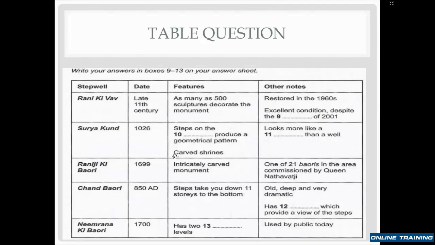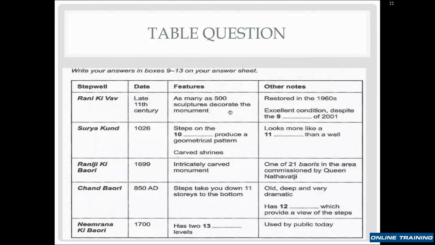This is what a table question looks like. This is a table question. Like I said, it's basically a fill the blank question. The words on the left can be very helpful in terms of finding the right sentence. Like you have to find a sentence that has Ronnie Kivav. Sorry if I'm mispronouncing that. I don't mean to or intend to, but you have to find the sentence or paragraph that's talking about this language right here.